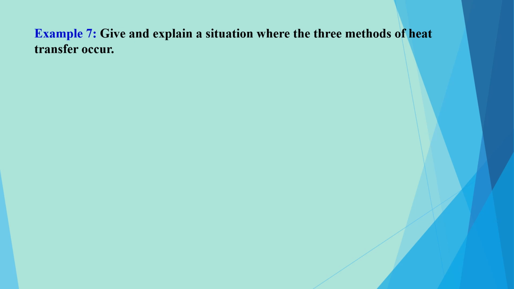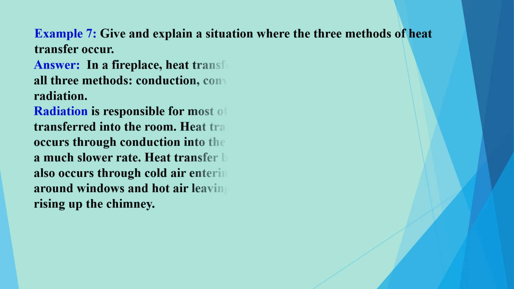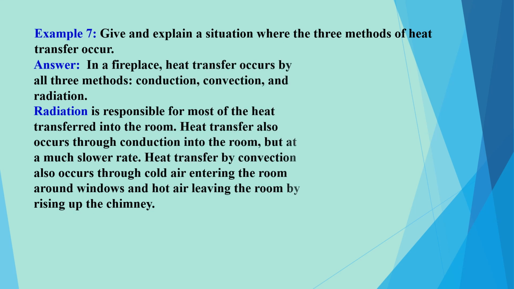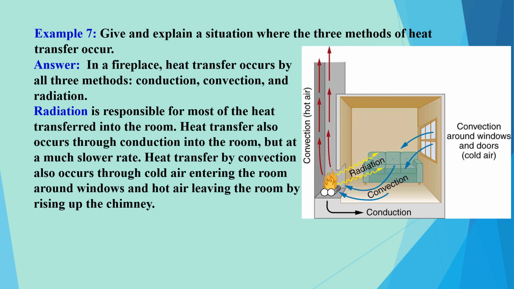Example number 7. Give and explain a situation where the three methods of heat transfer occur. Answer. In a fireplace, the heat transfer occurs by all three methods: conduction, convection, and radiation. Radiation is responsible for most of the heat transferred into the room.